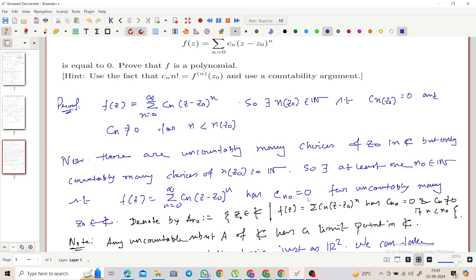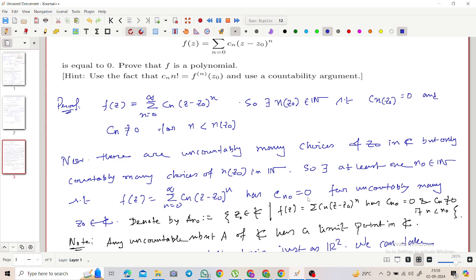For uncountably many z0, we get that c n naught is 0 in the expansion of f(z). So thus we define A n naught. What is A n naught? All those z0 such that c n naught is 0 in the expansion.